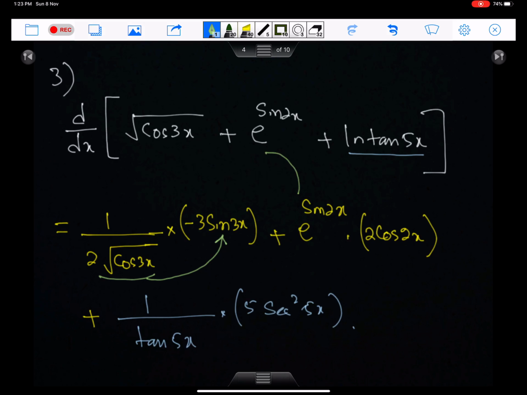We always copy exponential and then we multiply exponential with the differential of its power. And ln can be differentiated in this way: 1 upon tan 5x, and then we need to multiply it with the differential of tan 5x. You can simplify this later.